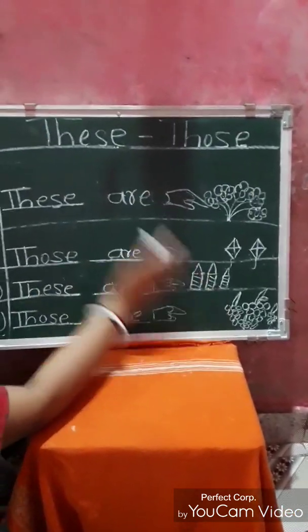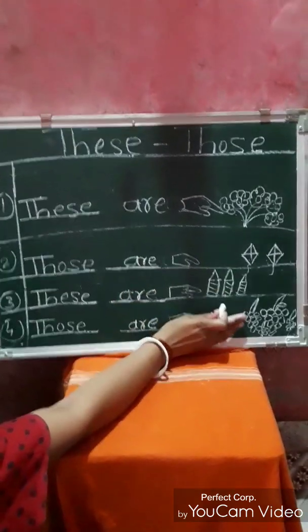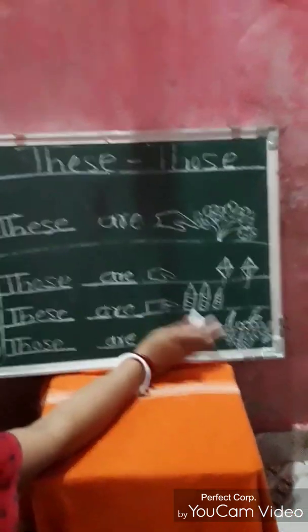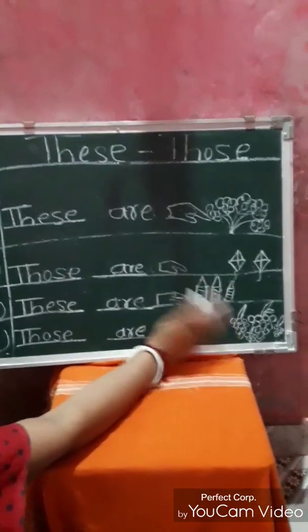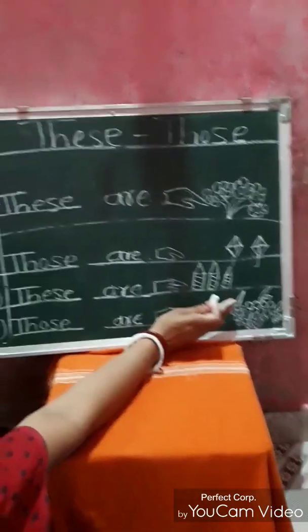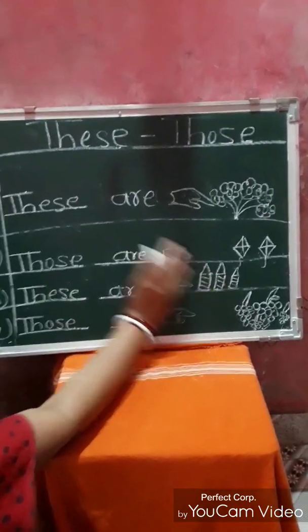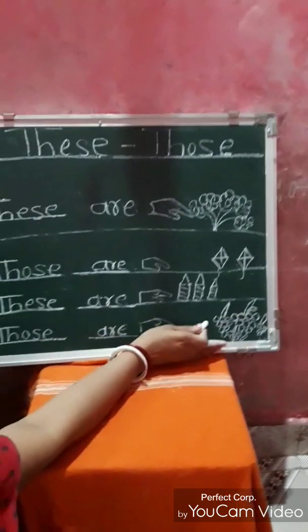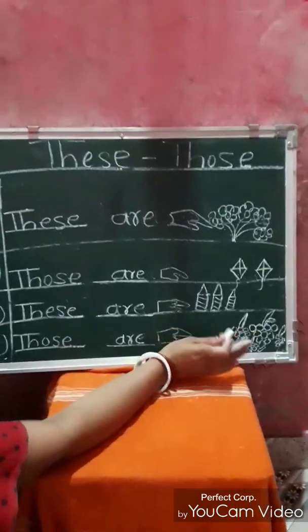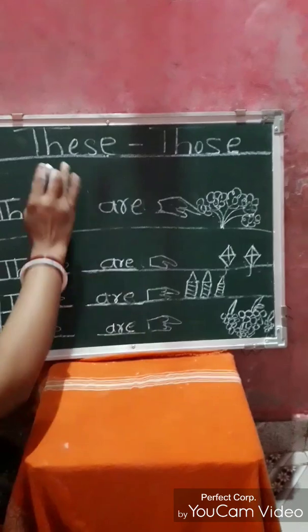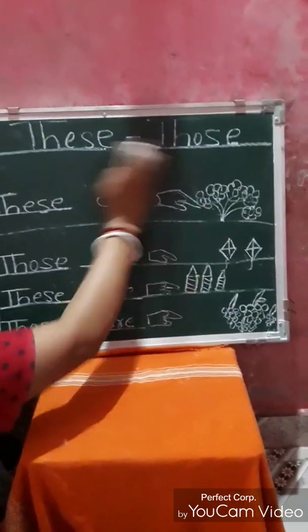Okay, so do practice more and more at home by taking some more examples, drawing pictures like me, and try to solve them by using this, that, these and those.